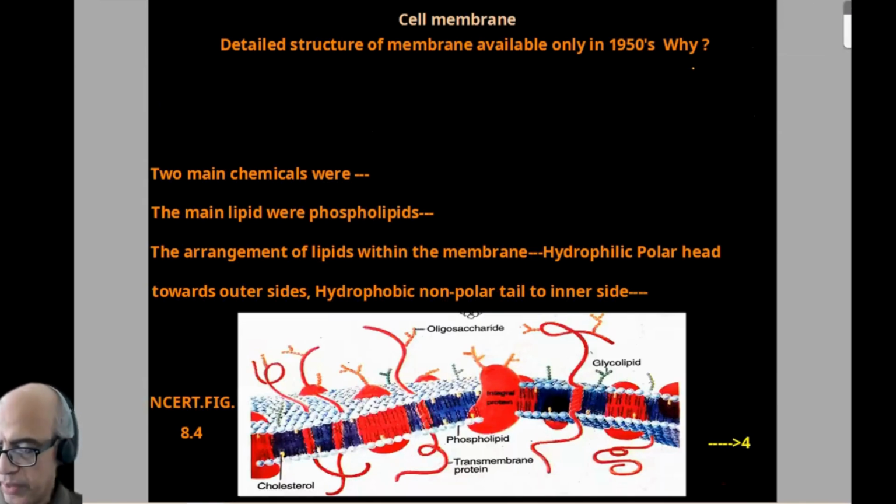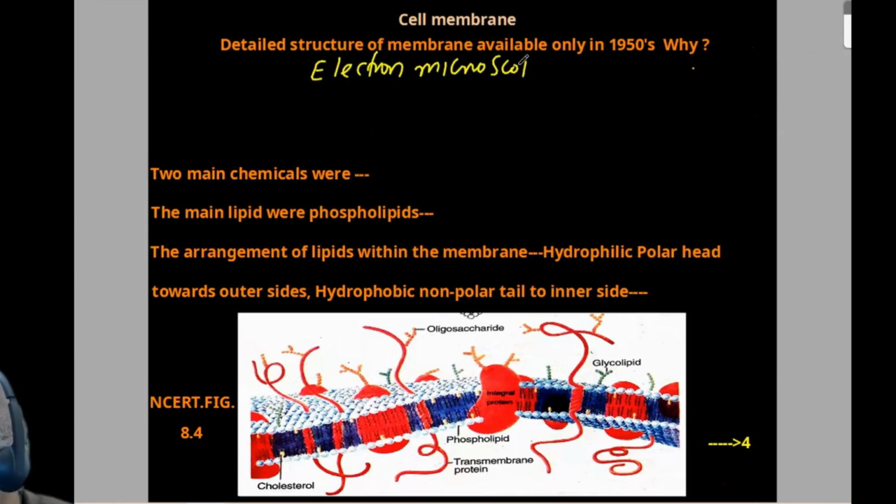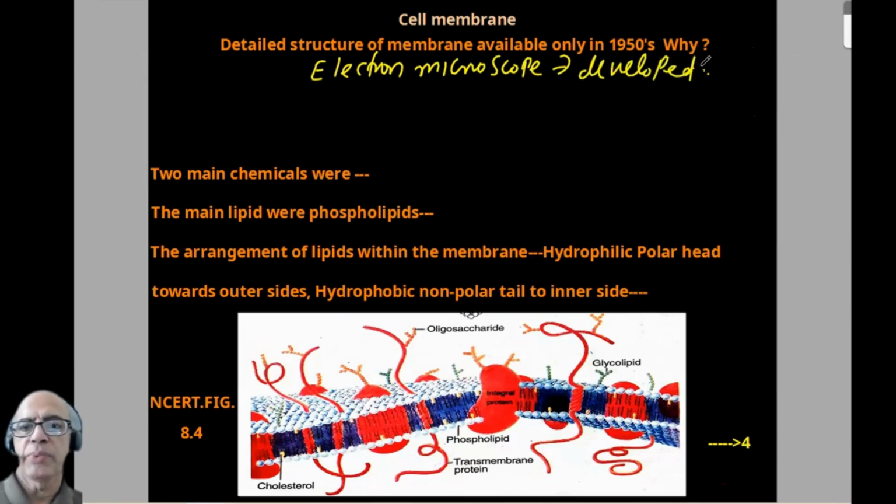Now, we are entering into the first item, that is eukaryotic cell is over, now cell membrane. So NCERT clearly says detailed structure of membrane became available only in the 1950s. So after the 1950s. Why? Because of discoveries like the electron microscope, because it is needed. It was developed along with the 1950s. So beautiful large figures we can observe.